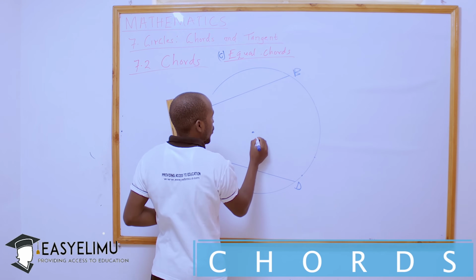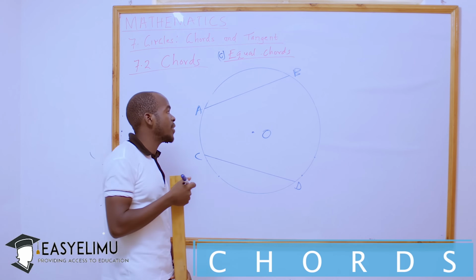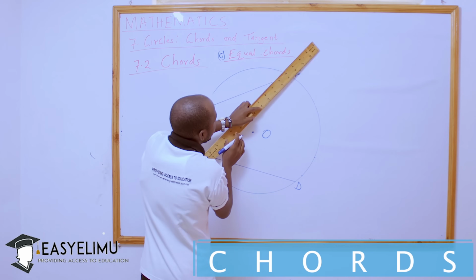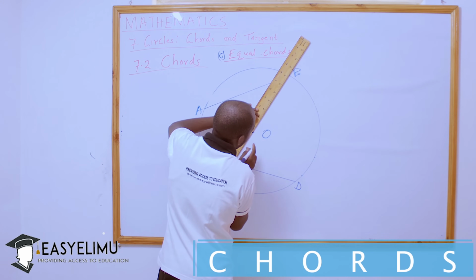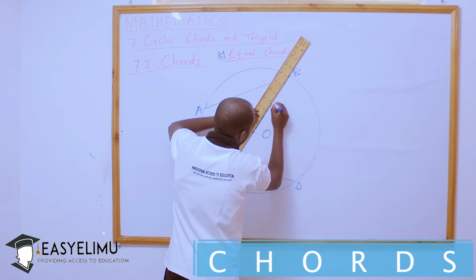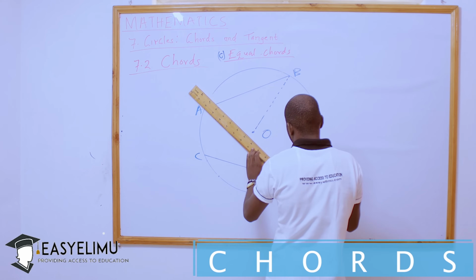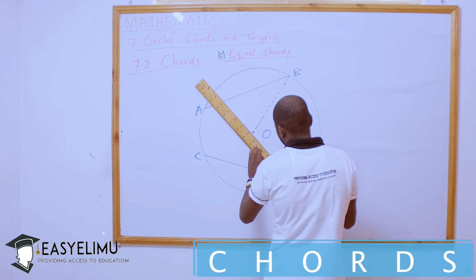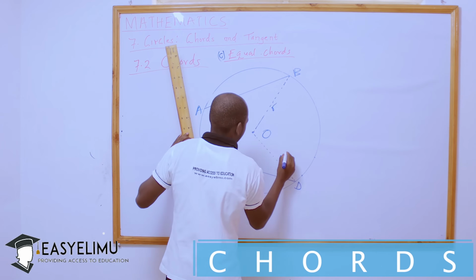So this one here will be our center O, and if you measure the distance from that center to the points A and B, it will be similar to that measured to the points C and D, and this is the radius of that circle.